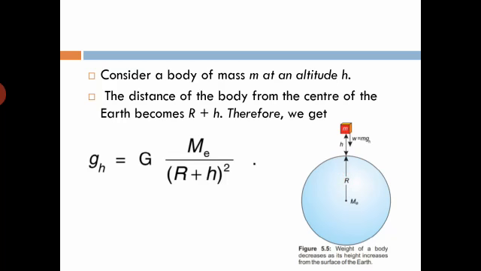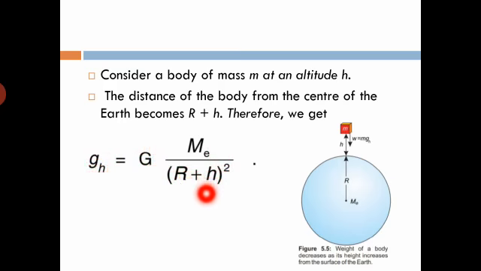This shows that if the altitude increases, it means h increases, the whole value becomes smaller, and hence the value of g decreases.